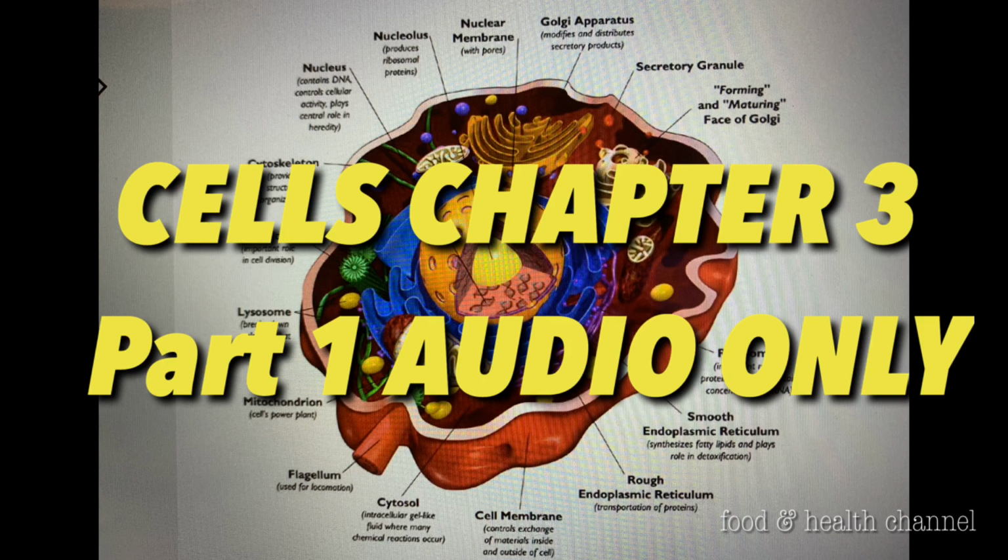Engulfing of liquid droplets, which is cellular drinking. Exocytosis. Secretion of cellular products, for example, protein, debris. This is secretion of cellular products out of the cell. Those are the active mechanisms.